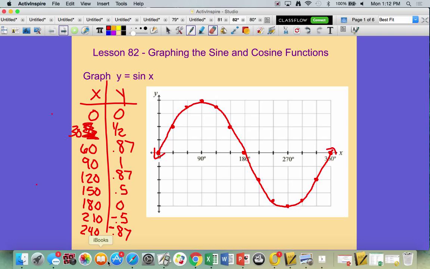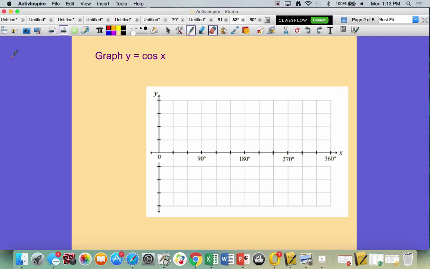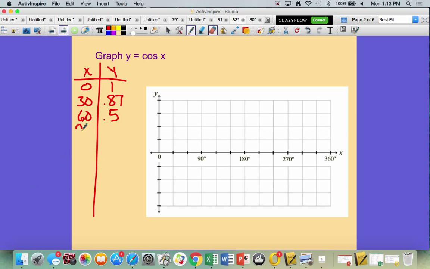All right, we could do the same thing for cosine. So if we did an XY chart here, and we put a 0 in for cosine, cosine of 0 would be 1. Cosine of 30 would be 0.87. 60 would be 0.5, and you're probably already going, all right, I know the pattern.